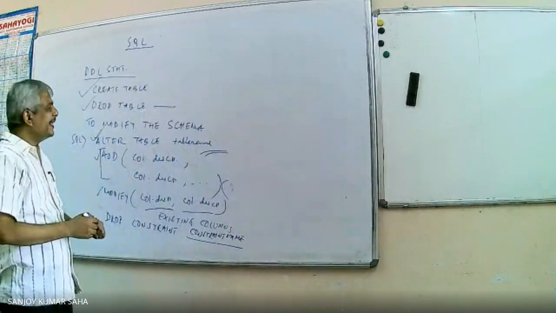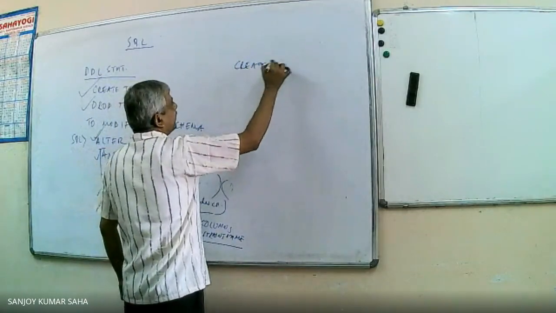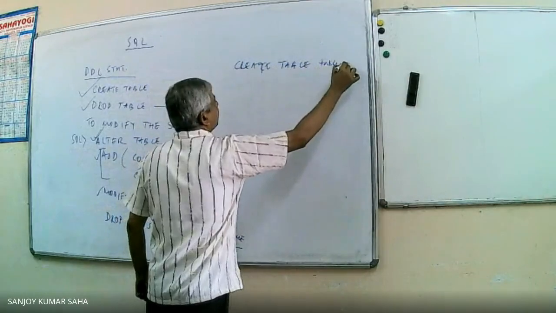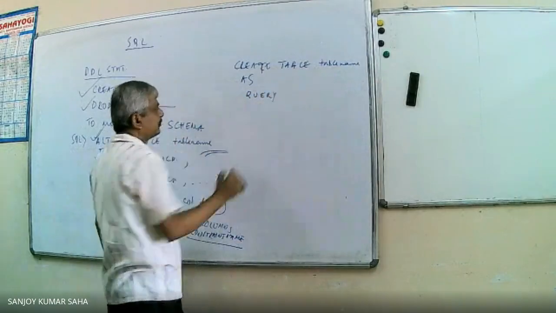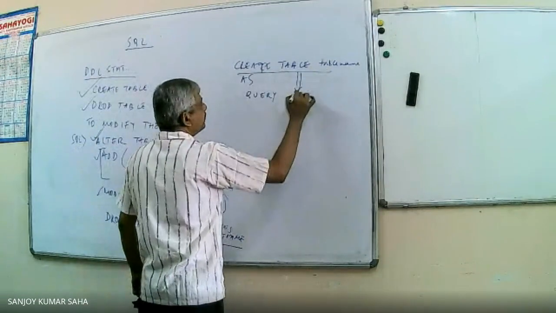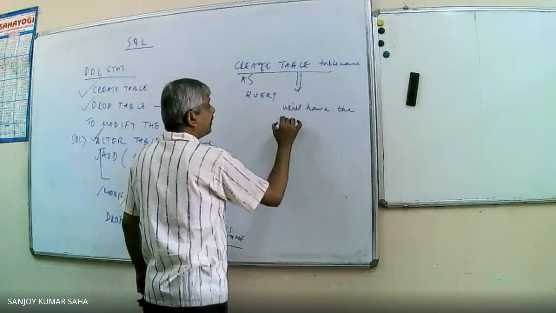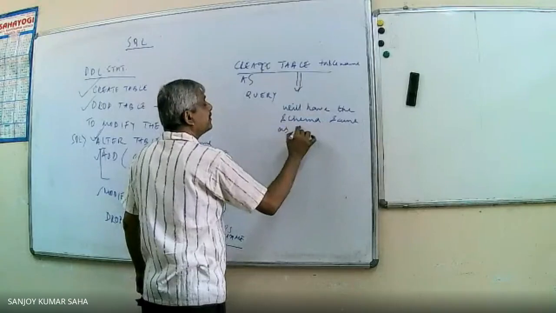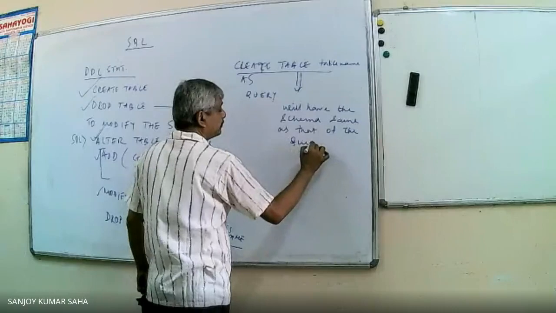Now, there is another version of create table. Say, create table, table name, as select. So this table will have the schema same as that of the query output.